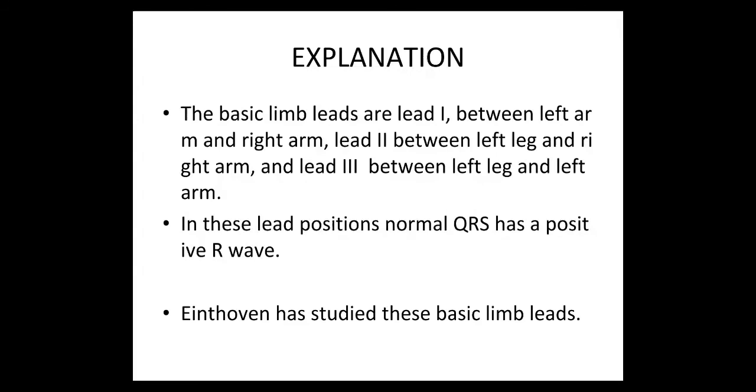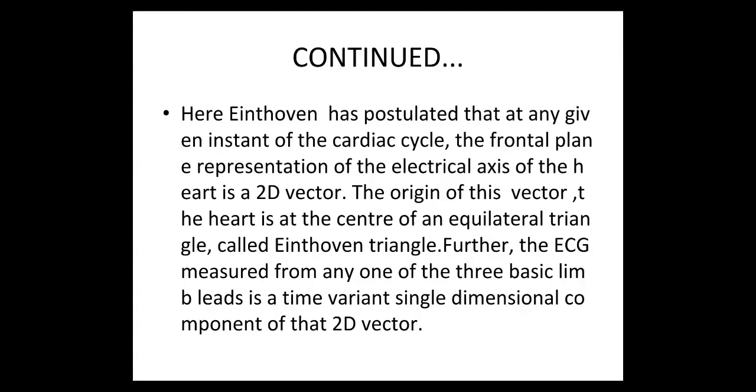The basic limb leads are lead 1 between left arm and right arm, lead 2 between left leg and right arm, and lead 3 between left leg and left arm. In these lead positions, normal QRS has a positive R wave. Einthoven has studied these basic limb leads and he has postulated that at any given instant of the cardiac cycle, the frontal plane representation of the electrical axis of the heart is a 2D vector.